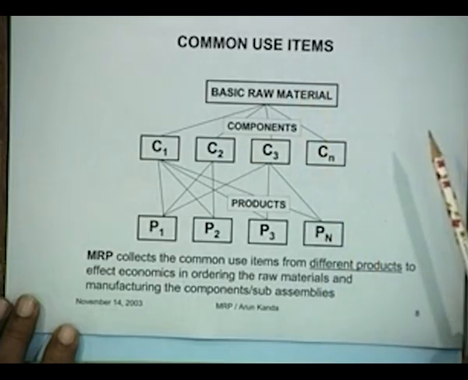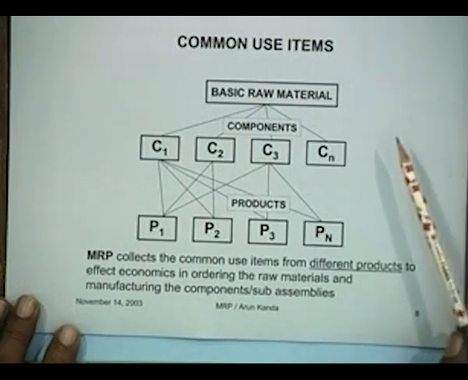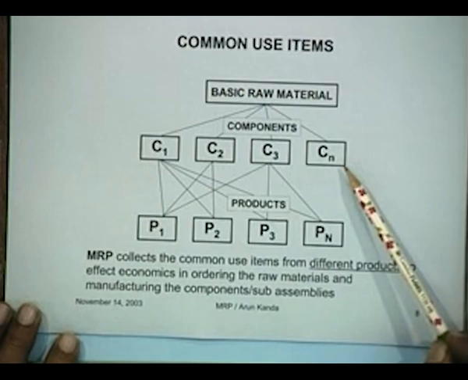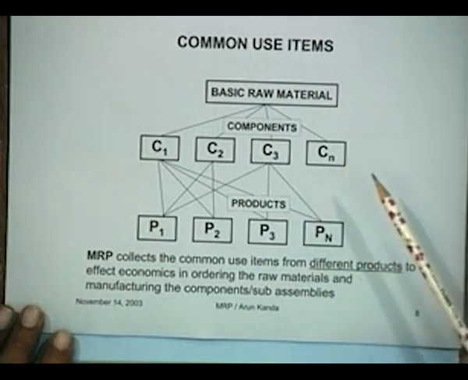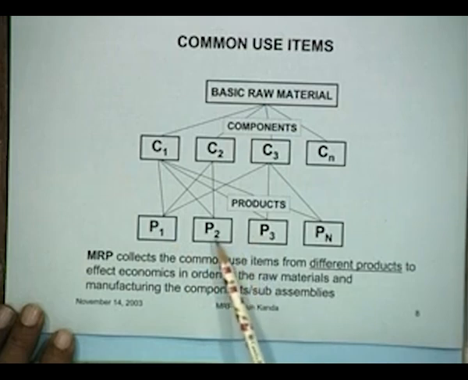Now, what may happen is we might have what are known as common use items, and these are the ones which tend to complicate the process of computation of the requirements of different types of products. For instance, we might be producing, say, n different products, P1, P2, P3 and Pn.